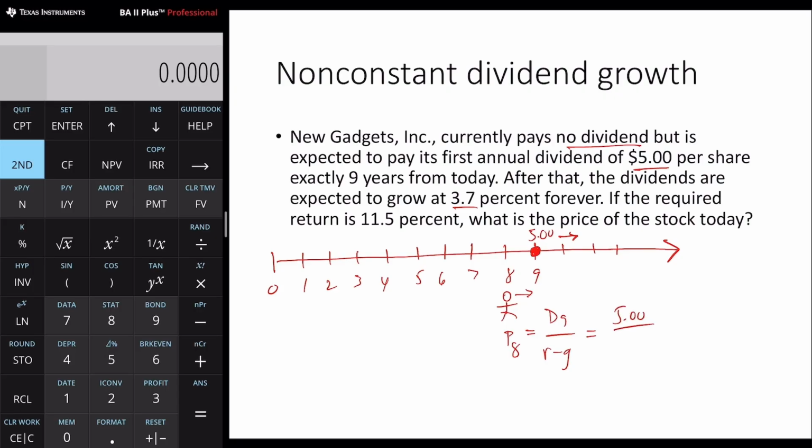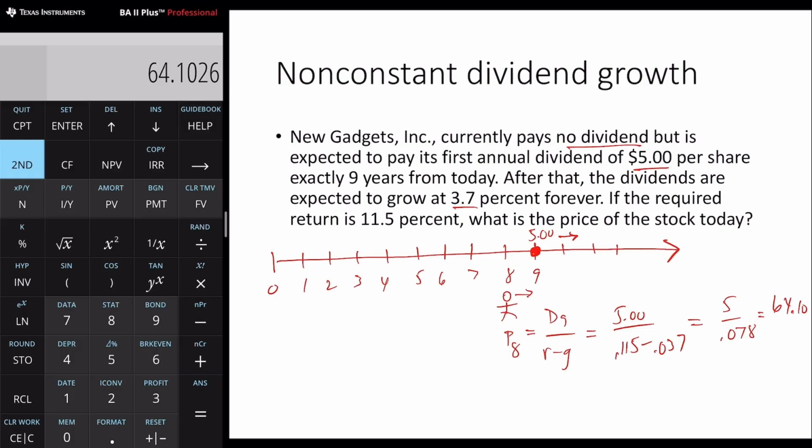R minus G is 0.115 minus 0.037. That's given to us in the problem. That is $5 divided by 0.078. That gives us 64 and 10 cents approximately. Now $64.10 represents the price at time 8.